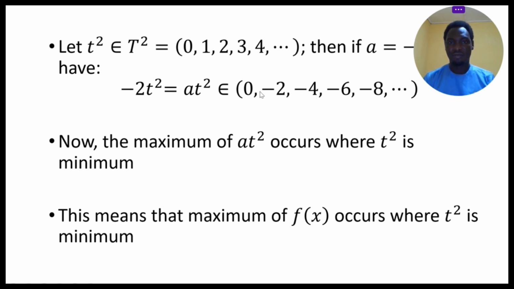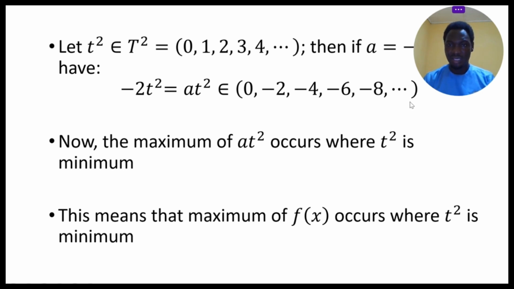That is, over here we have 0 times -2 giving us 0. Here we have 1 times -2 giving us -2. Here we have 2 times -2 giving us -4, and so forth.